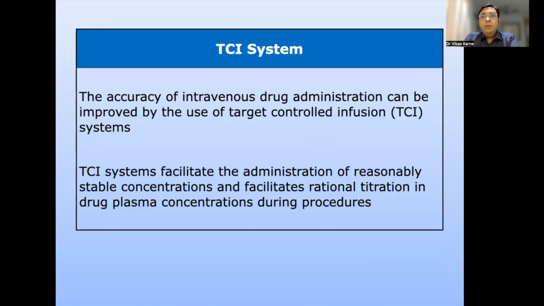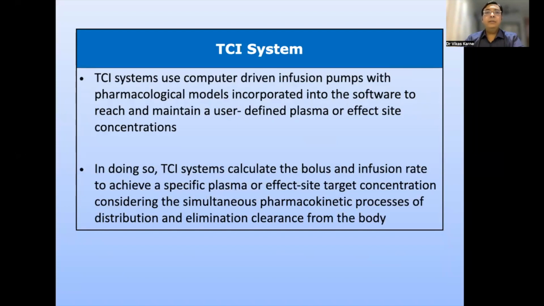So to have a more controlled and more effective plasma concentration, the target controlled infusion system has been proposed and been used for more than 2 decades now. The accuracy of intravenous drug administration can be improved by use of the TCI system. It facilitates the administration of reasonable and stable concentration and facilitates a rational titration of drug plasma concentration during the procedures.